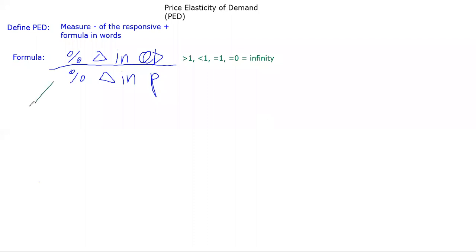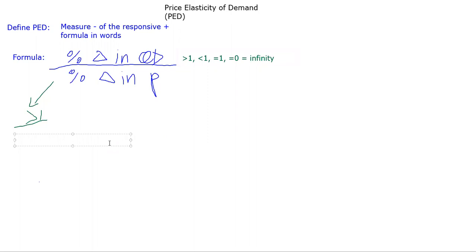So if you first look at greater than 1, the idea behind greater than 1 is, greater than 1 means the numerator is greater than the denominator. So for example, अगर आपका let's say price 5% से increase हुई, then quantity demanded में proportionate change जो आया, वो 10% का आ गया, या वो 6% का आ गया, या anything above 5 basically.